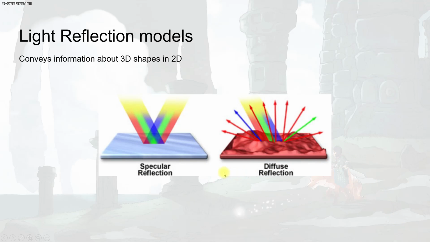But in a diffuse surface reflection, the surface is not smooth like in the first case. So even though the lights are received in a parallel manner, they are reflected in all directions. As a result, we don't see clear reflections on diffuse surfaces.